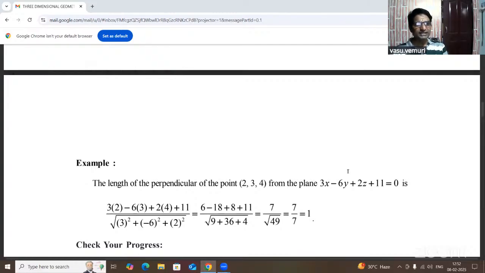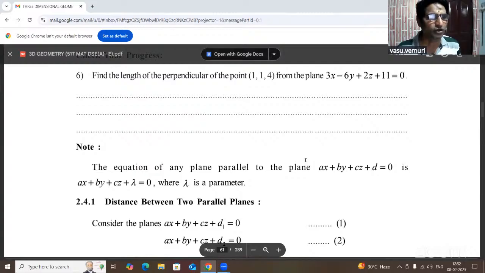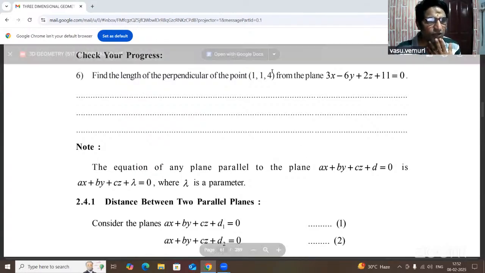To find the length of the perpendicular from the origin, x1, y1, z1 are 0, so we get modulus D by root of A square plus B square plus C square. But here one particular point is given. So the perpendicular distance from the point to the plane is modulus of Ax1 plus By1 plus Cz1 plus D by root of A square plus B square plus C square. This is also for your practice, problem 114, where that point is given. Now see this one.